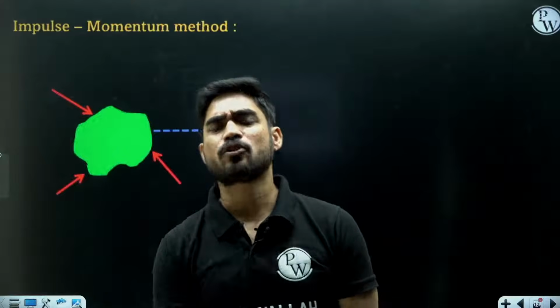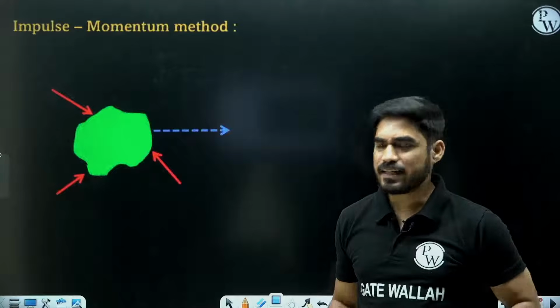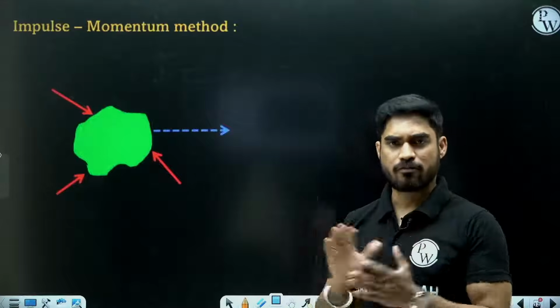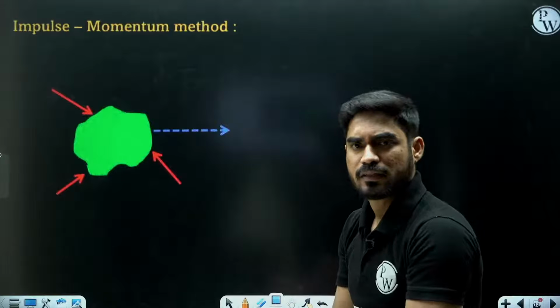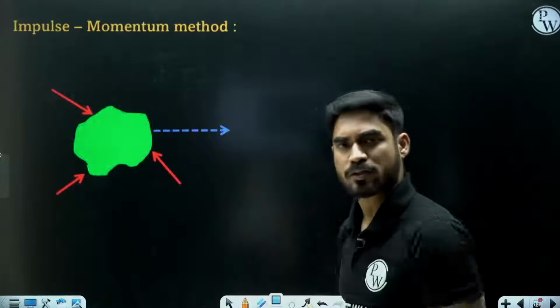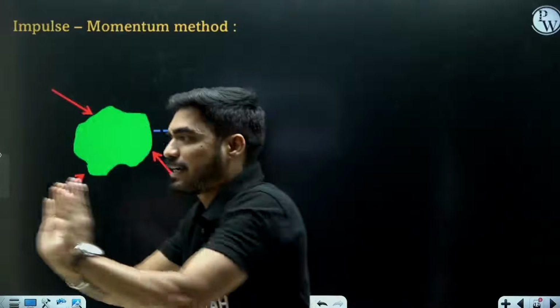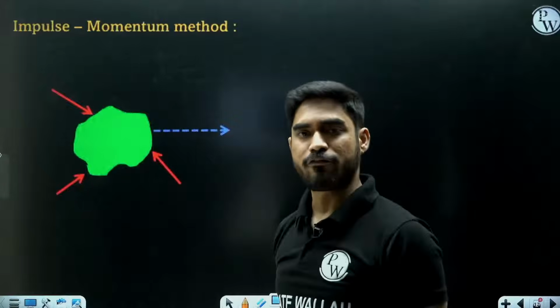Let's say I hit a body with a force and then I leave it. For example, let's say there is a box here. I hit the box, I apply some force on the box and then I leave it. Means I am not applying the force continuously on the body. I just applied the force for some time and then I left it.